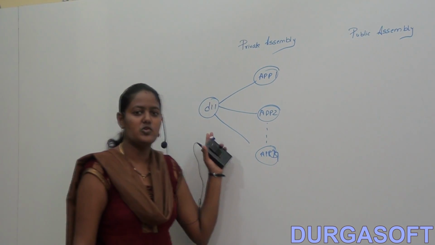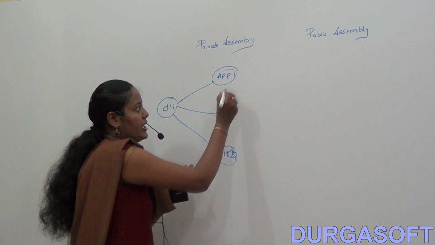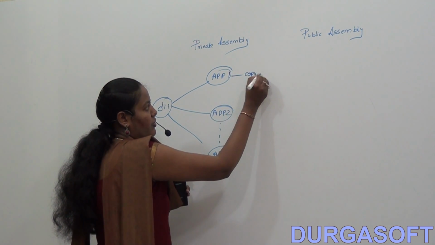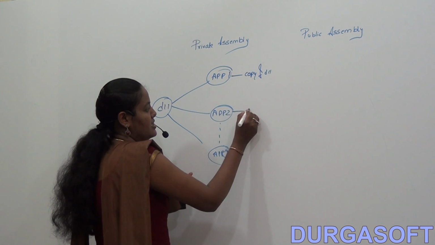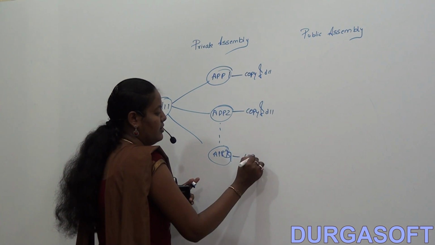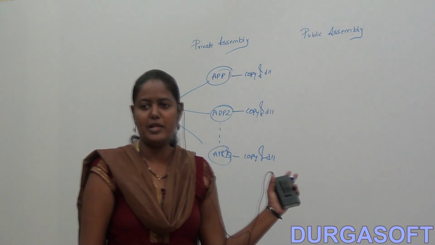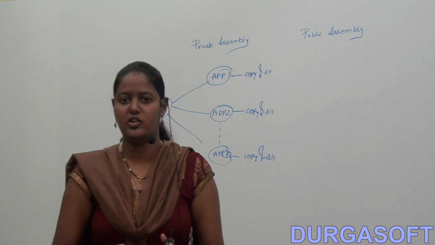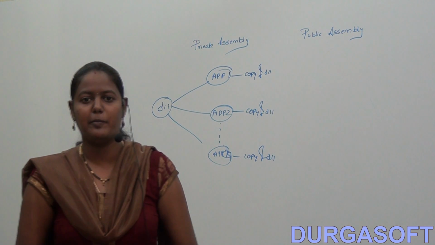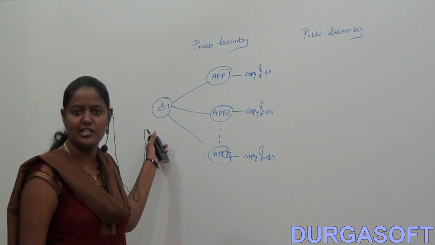When you are going to use this DLL file in every application, each and every time a copy of the DLL will be placed in each and every application. Whenever you create the DLL file, when you compile the class library, the DLL file is generated.